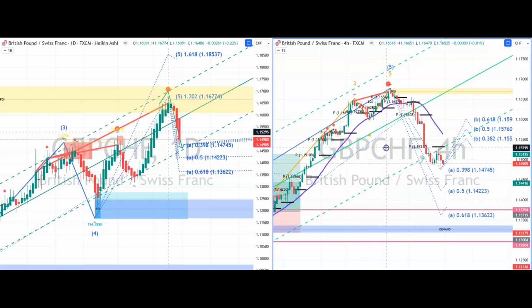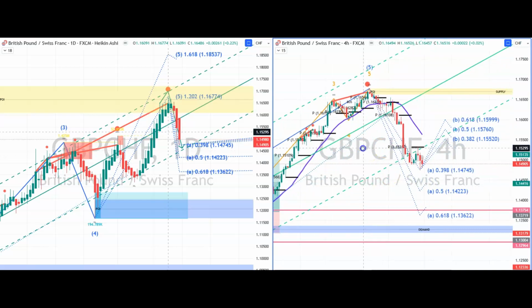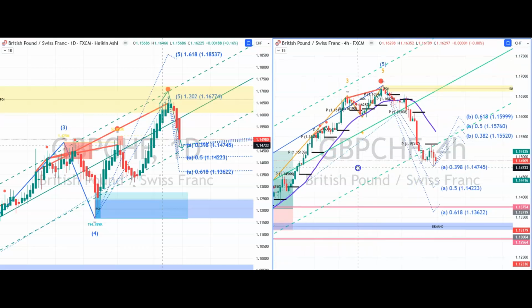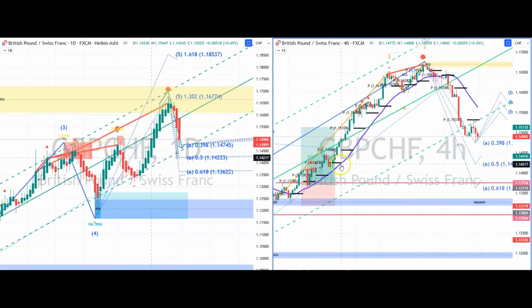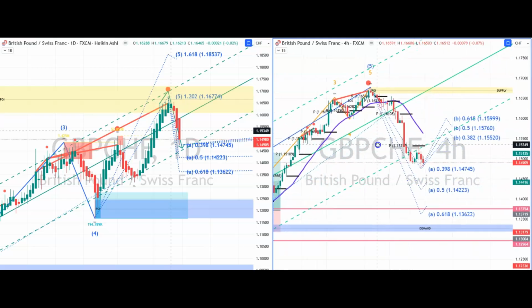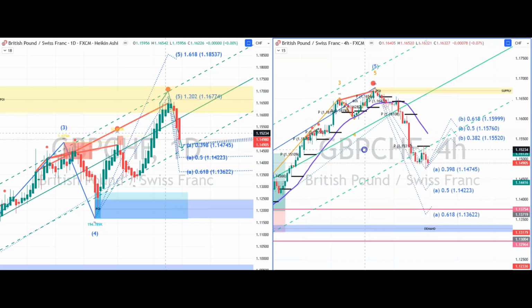Now, for me, in terms of targets and entries, on the 4-hour chart, we can see that the price is achieving lower lows in terms of the pivots here, which are already set on the chart, telling you where the price is going. So when you see this pivot going up as a stepping stone, you can safely say you want to be buying it. If it's got a stepping stone to the downside, you can safely say that it is going down.